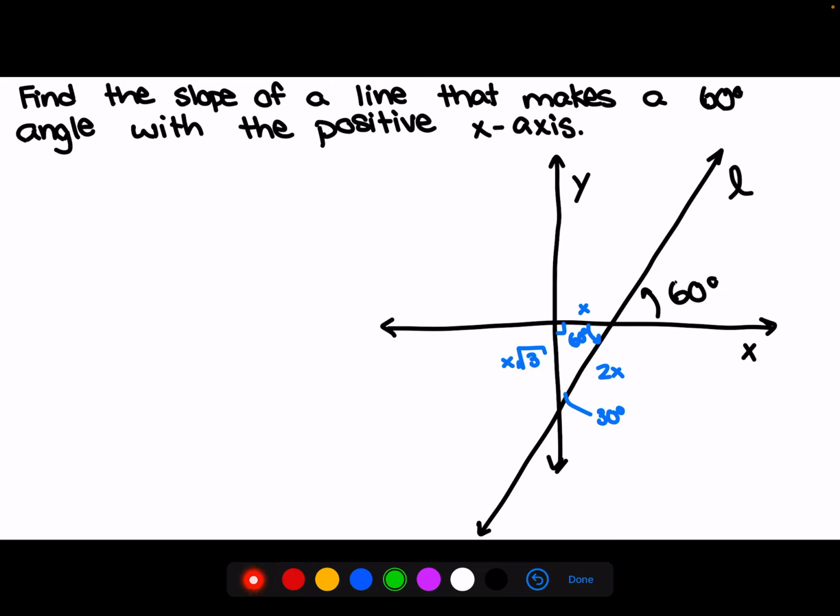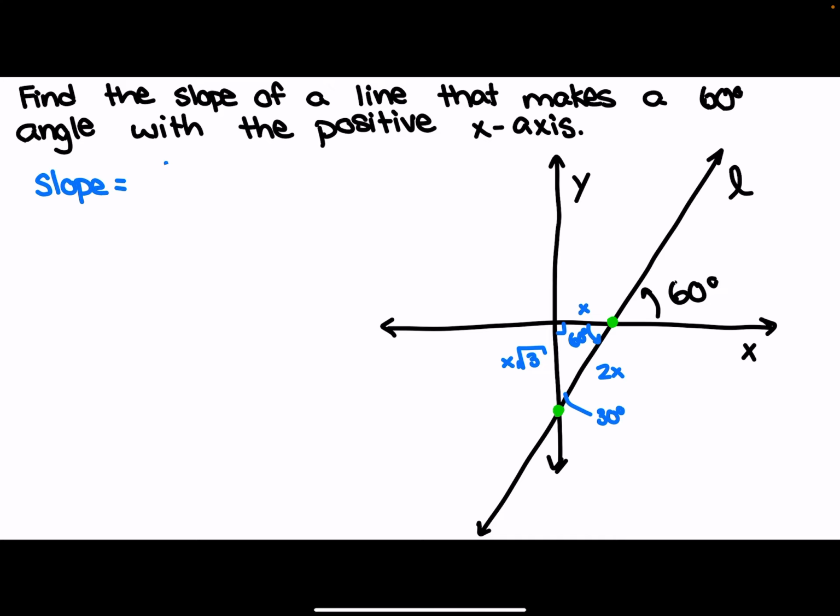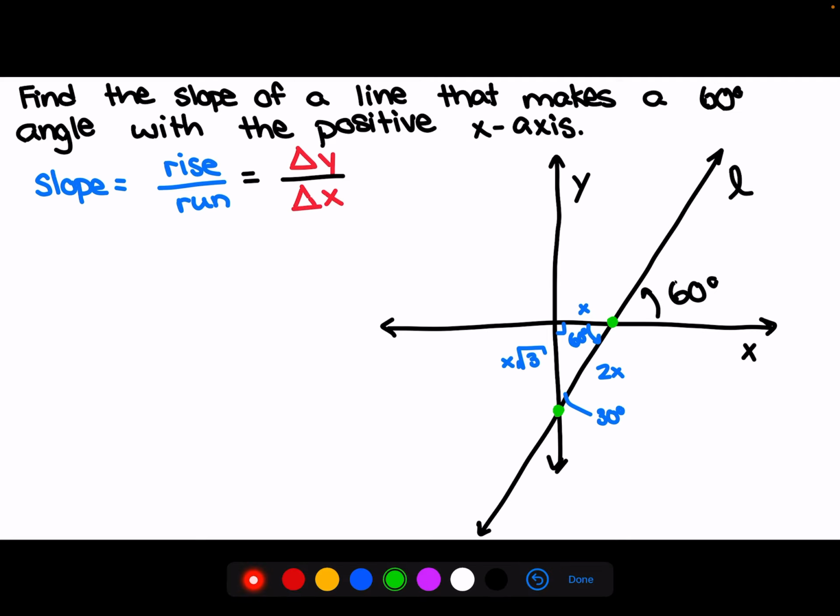Now, at this point, I have 2 points on line L. I have this point down here where we cross the y-axis. And I also have my x-intercept here. So I can actually find slope at this point. Slope is equal to rise over run, which is also known as the change in our y value over the change in our x value. Well, the change in our y value from this green point to this other green point is x radical 3.